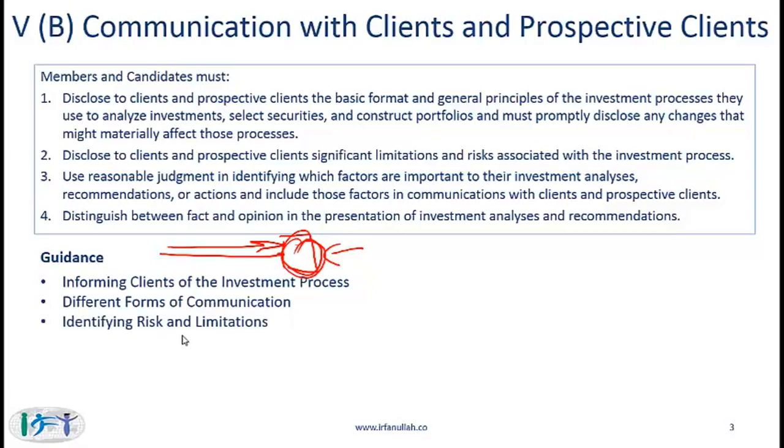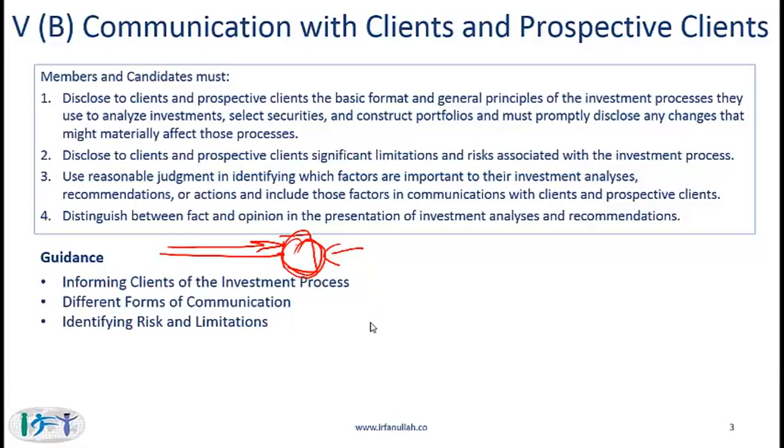Identifying risks and limitations. Whenever you describe your process, you need to also describe the risks and limitations associated with the investment process. For example, if you are expressing an opinion about a particular investment product that has only been in existence for 2 years, and your research and analysis is then based on 2 years worth of empirical data, that in and of itself is a limitation that needs to be clearly communicated.